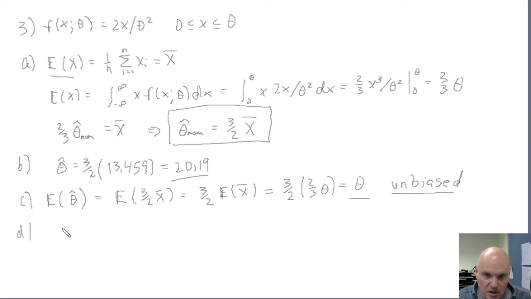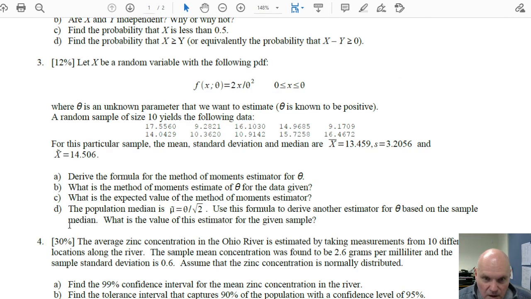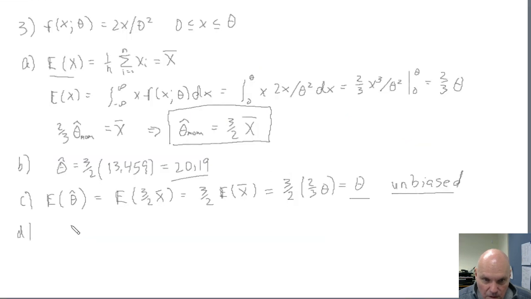So let's see, what do we have there? Theta over the square root of 2, we set that equal to the sample median. So this will be yet another estimator. Solve this for theta.